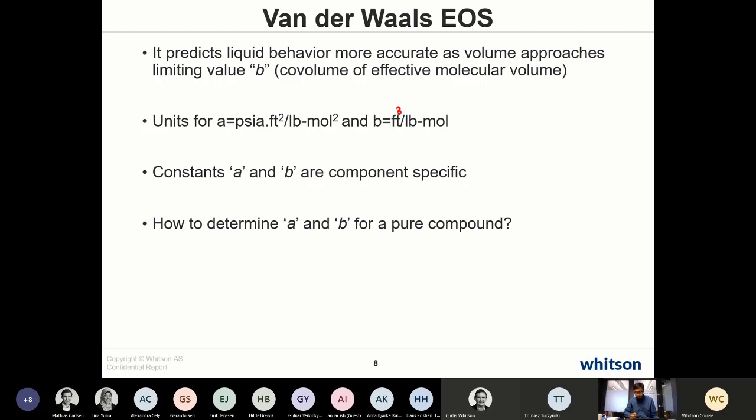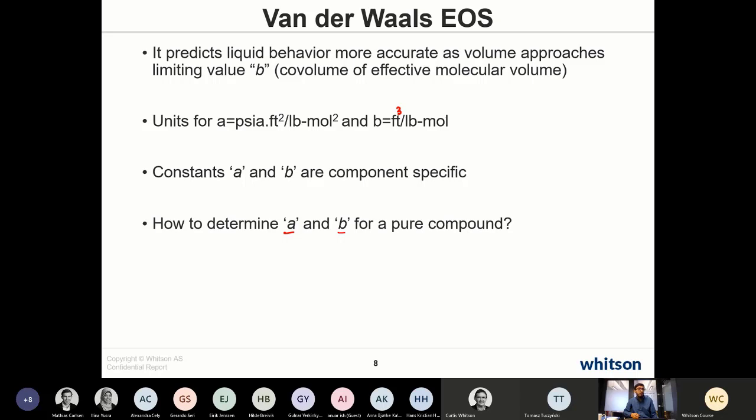So now the main question is, now you know the cubic equation of state model, to make use of it, at least van der Waals, you should know the a and b values for a given compound. So if I ask you, for example, if you have water and you want to know the values of a and b for water, how would you come up with those values?